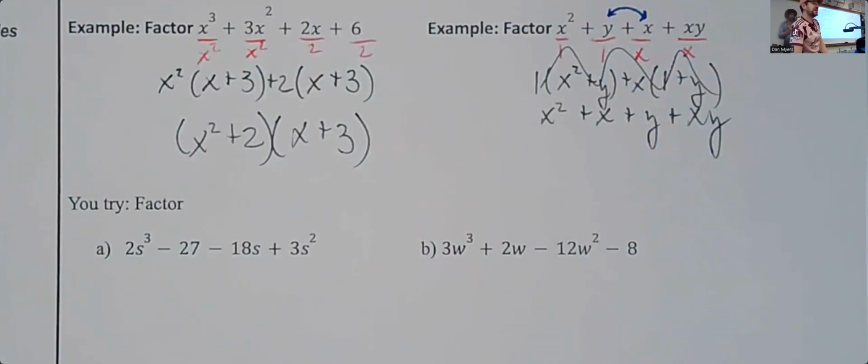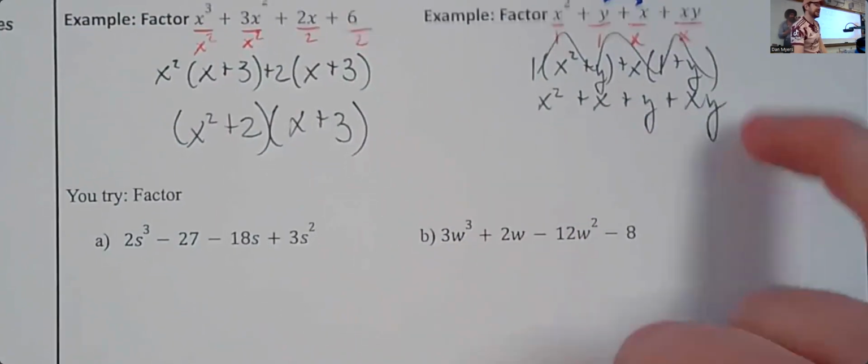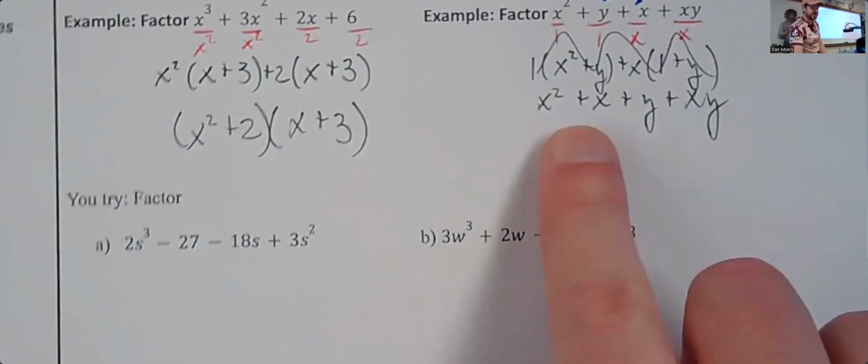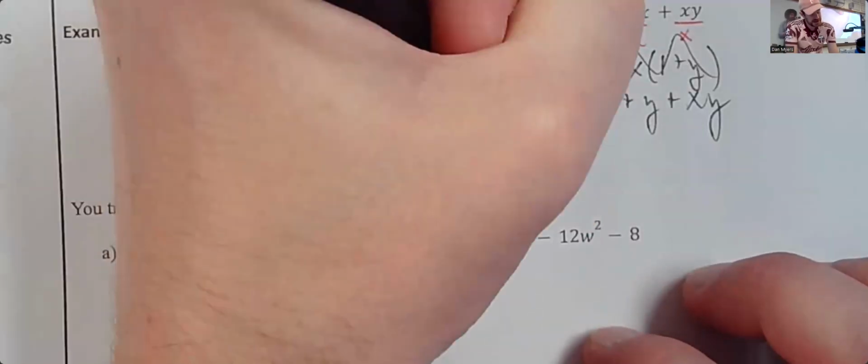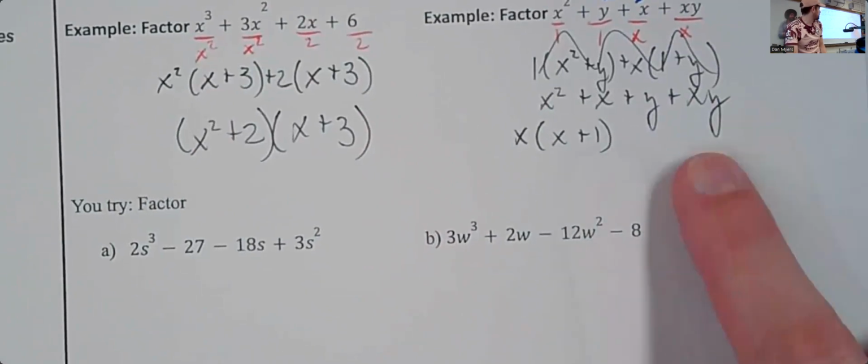And then we'll actually have a variable that we can factor out of the first 2 terms, and then a variable that we can factor out of the second 2 terms as well. So for these first ones, we can factor out an x, which will give us x and then x plus 1. And then if we factor out a y from these ones, what do we have left in the parentheses?